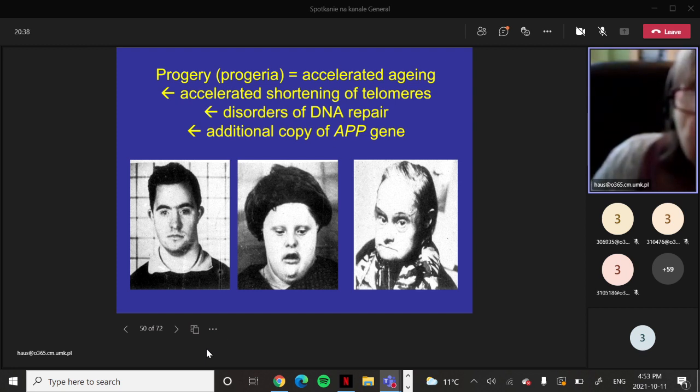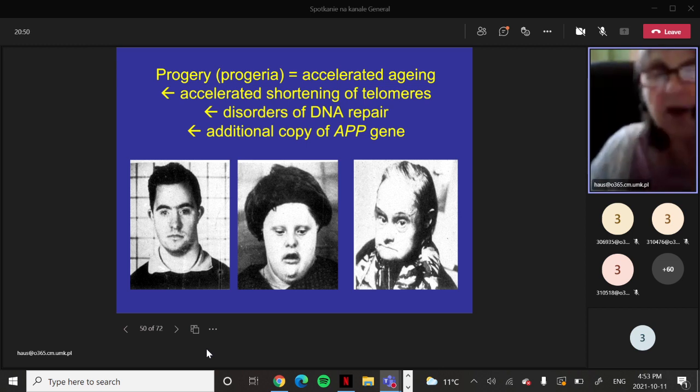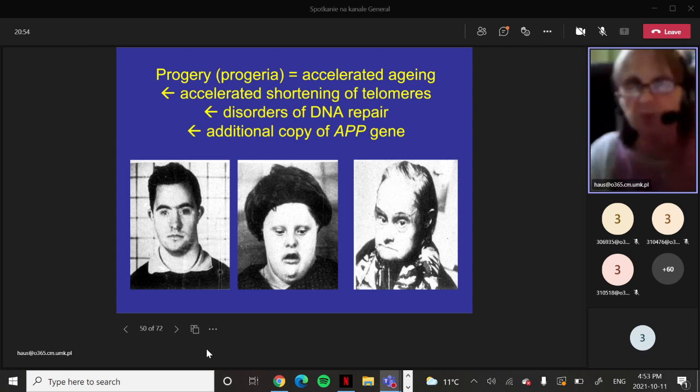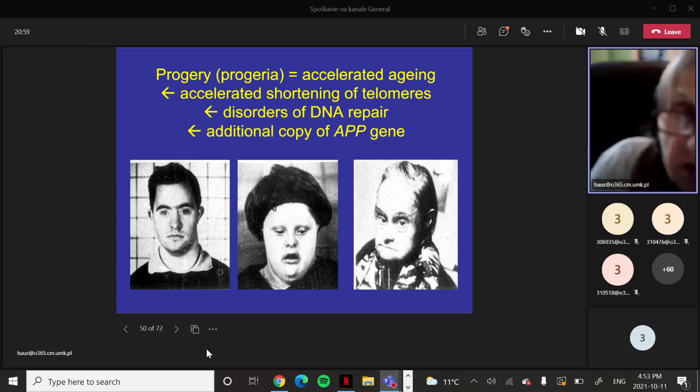APP means amyloid precursor protein. When there are additional copies of APP, there are also additional copies of amyloid in the central nervous system, which is stored in neurons. Okay.